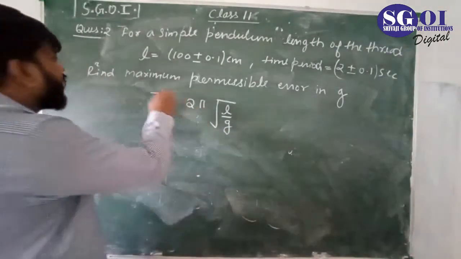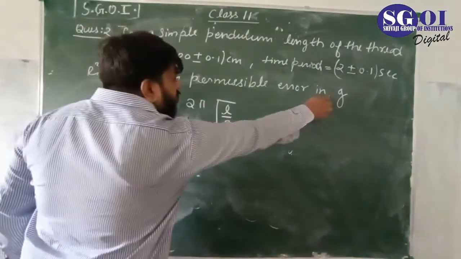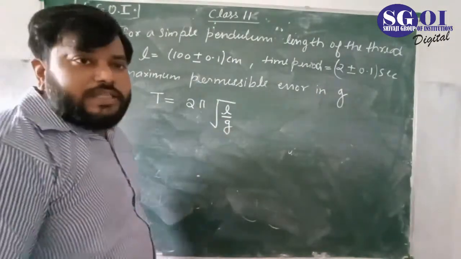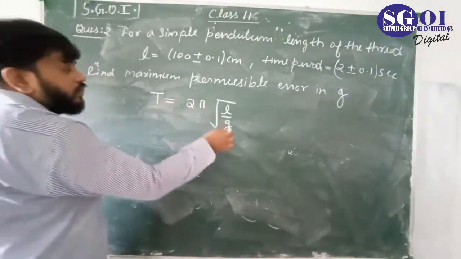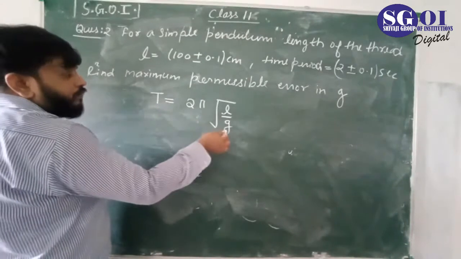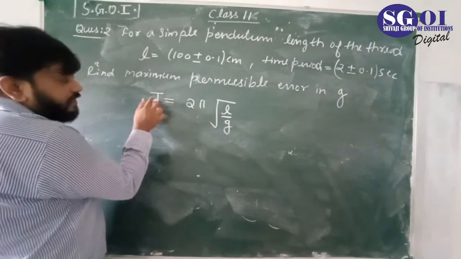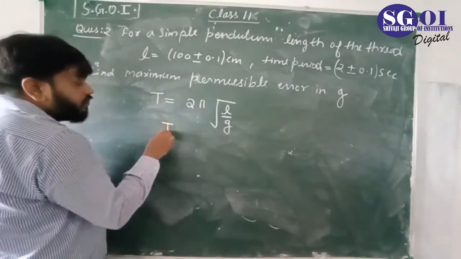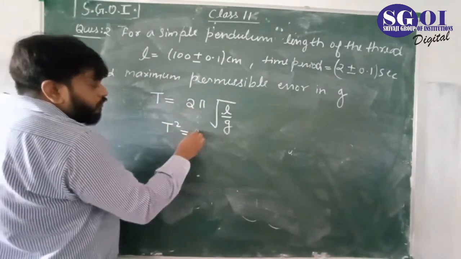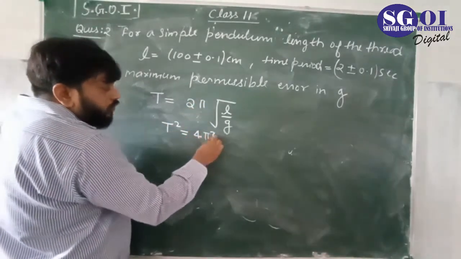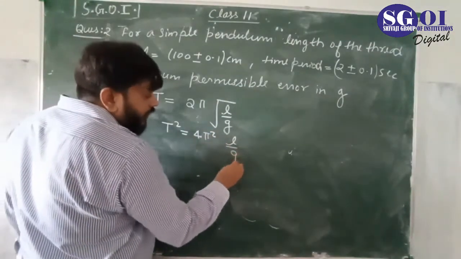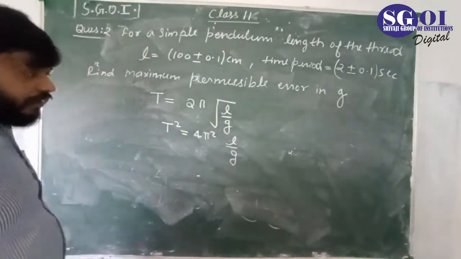So we have to find the permissible error in g. So we have to make g the subject. Before moving this term to the LHS, we just square this equation. So it would be T squared equals 4 pi squared L by g, so that the under root can be eliminated.